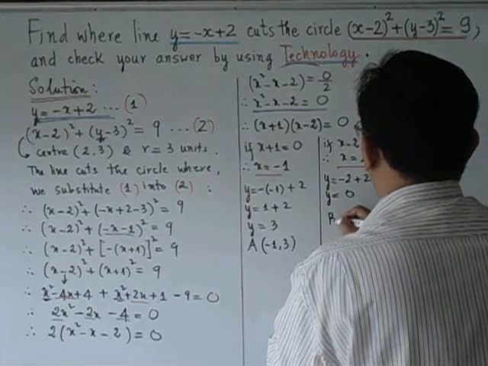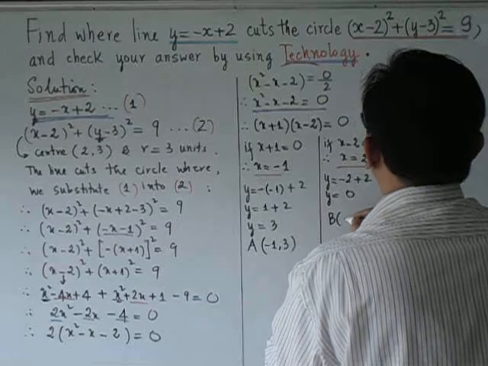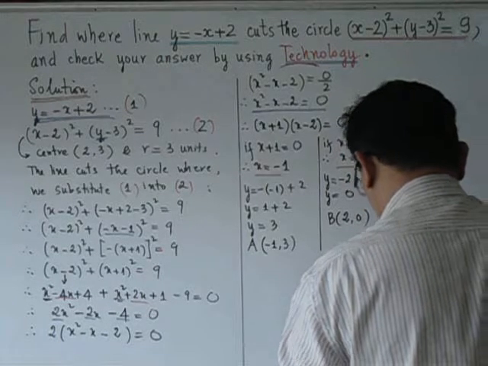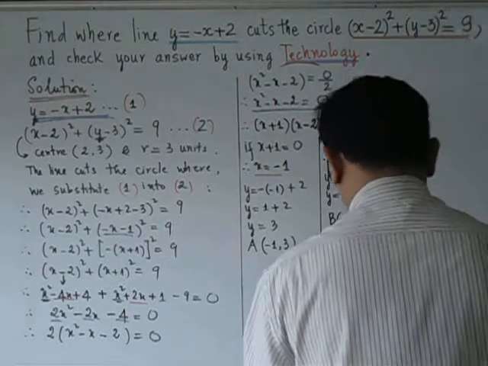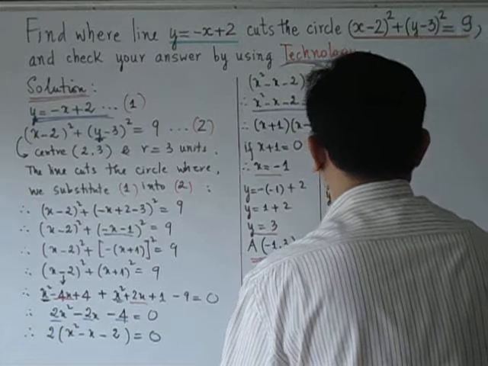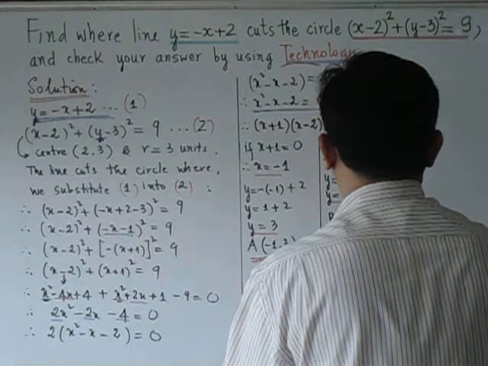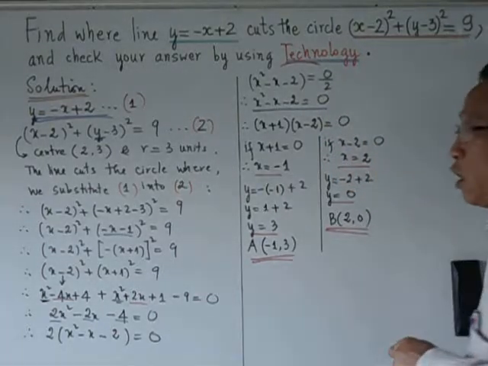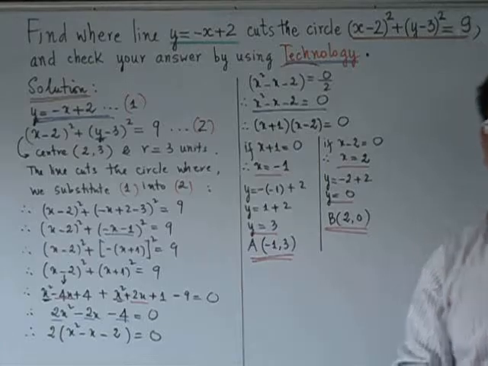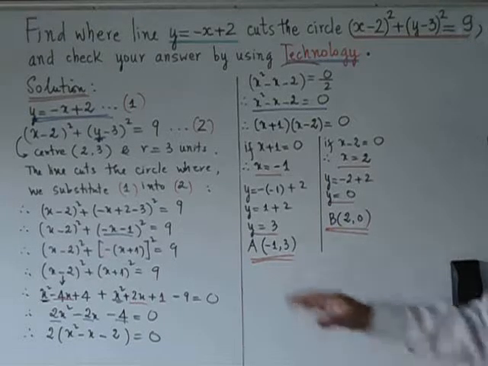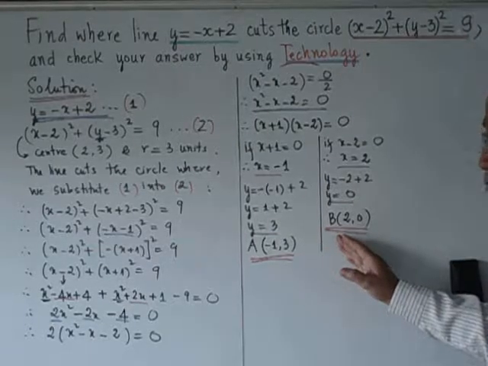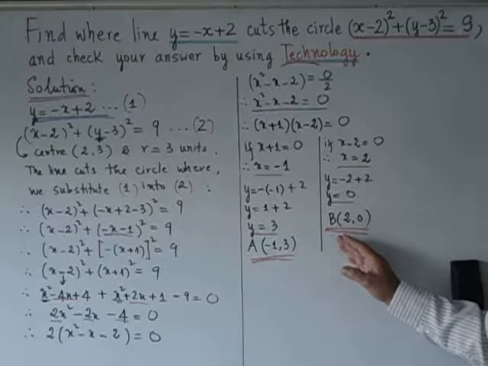Therefore we have point B (2, 0). So the line y equals minus x plus 2 cuts the circle at point A (minus 1, 3) and point B (2, 0).